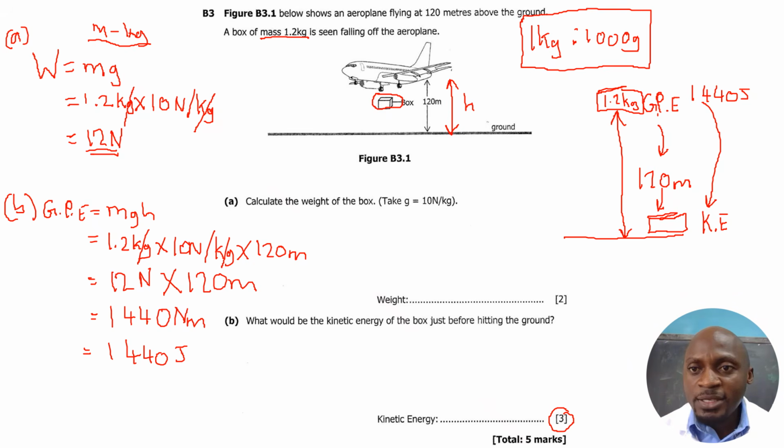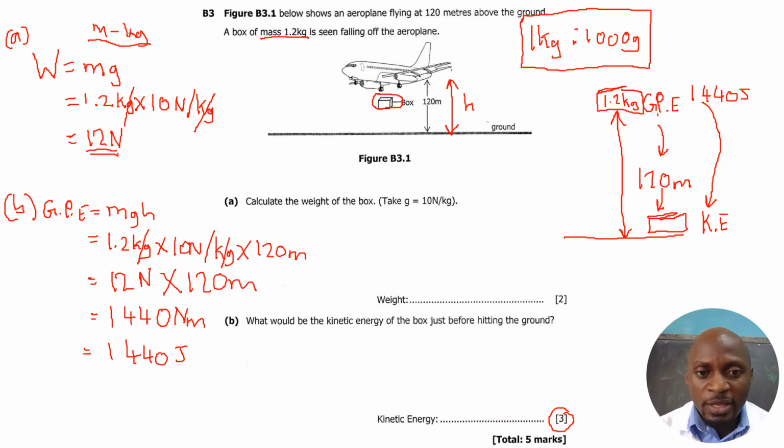Now we are saying that when the box starts to fall to the ground, all this gravitational potential energy will be converted to kinetic energy, because kinetic energy depends on the speed and the mass.